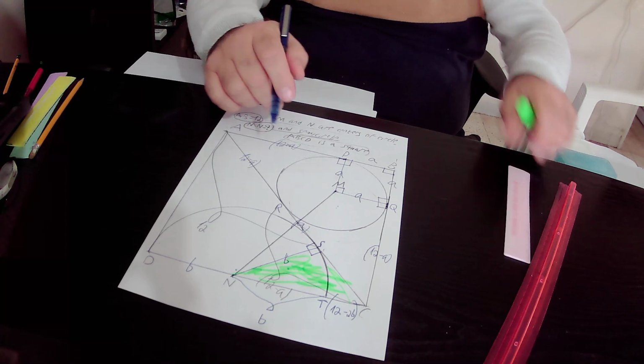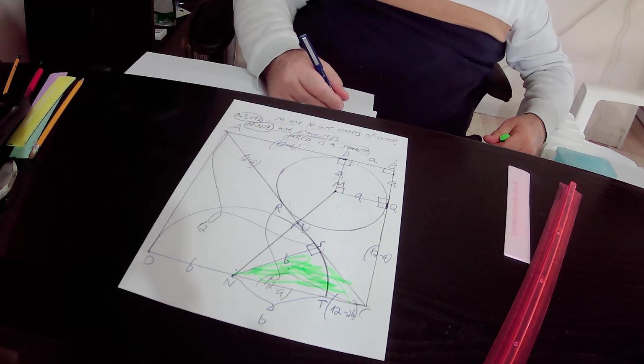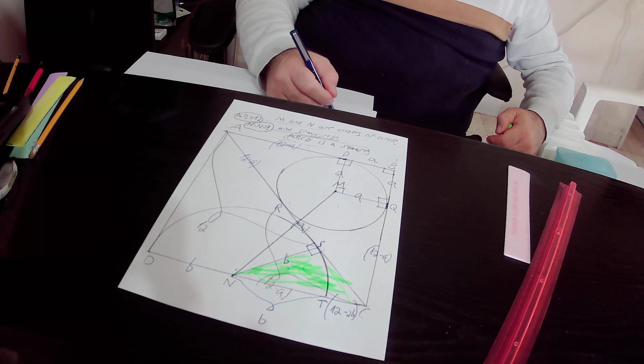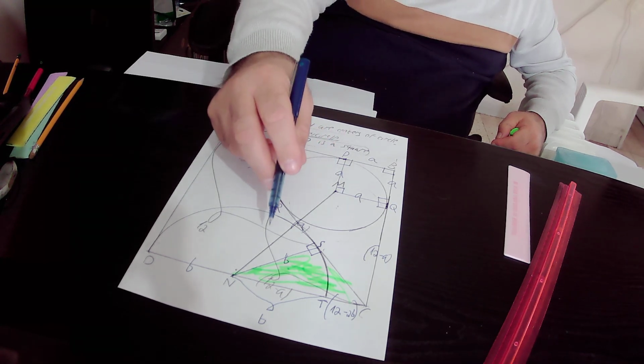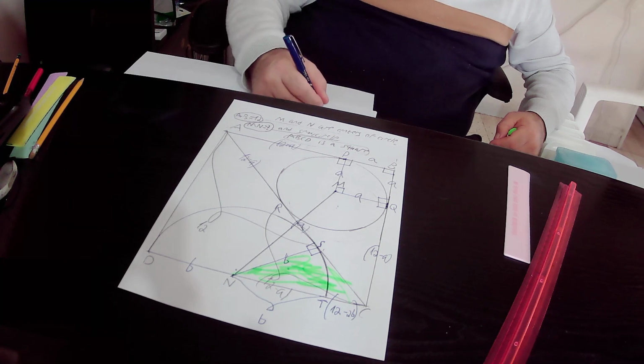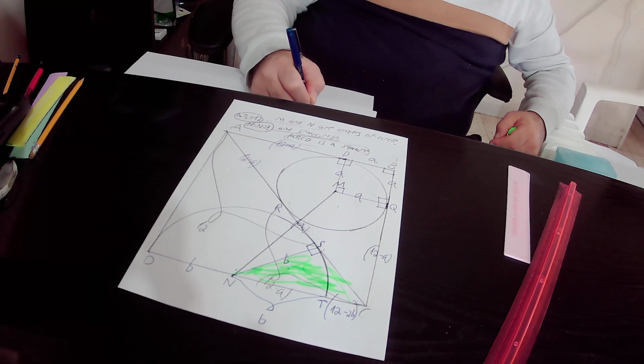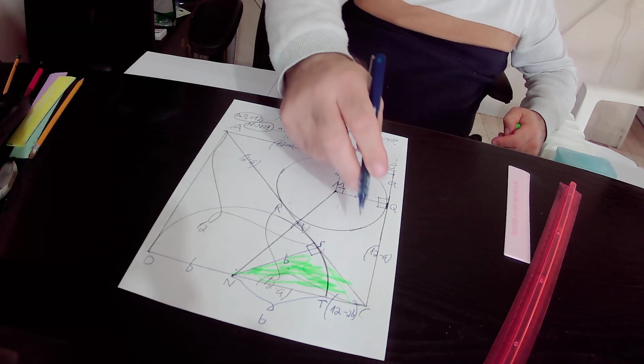the hypotenuse is NC, so the square of the hypotenuse is NC squared. It must be equal to the sum of the squares of the perpendiculars. That is to say, it must be equal to NS squared plus CS squared.